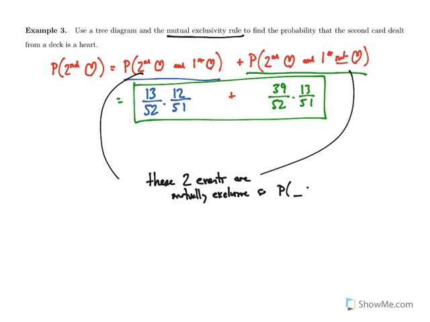So the probability of their union is just the probability of one plus the probability of the other. Usually we have to subtract off the intersection, but we don't have to worry about that here because the intersection is empty. And that's going to be the case with these tree diagrams. That's always going to be the case here.